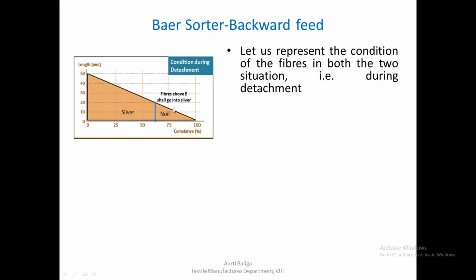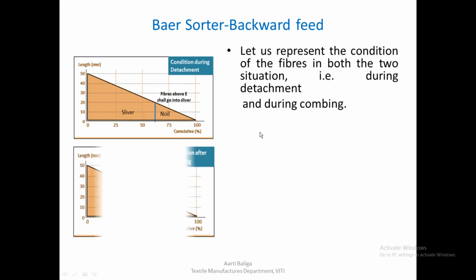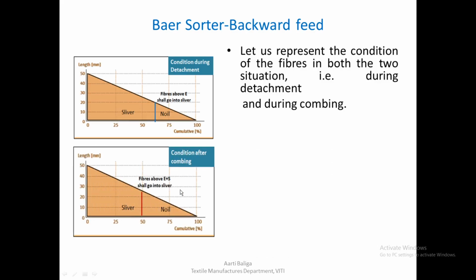Below this, whatever fibers are there will go into the knot, and above this, whatever fibers are there will go into the sliver. Simultaneously, during combing, this would be the situation where we saw that the fibers above E plus S shall be going into the sliver. That means this is the region that will go into the sliver for sure, and this is the region representing the fibers that will definitely go into the knot.